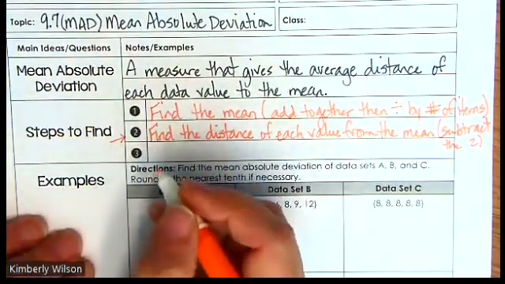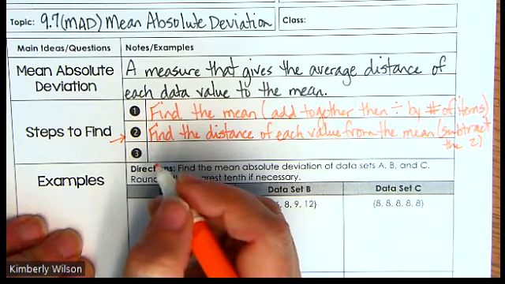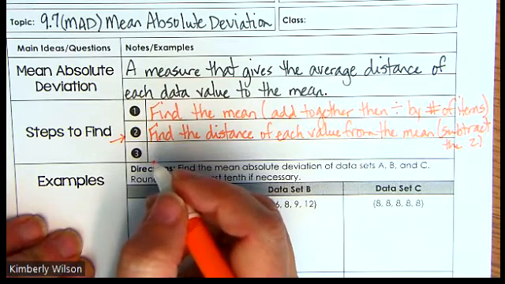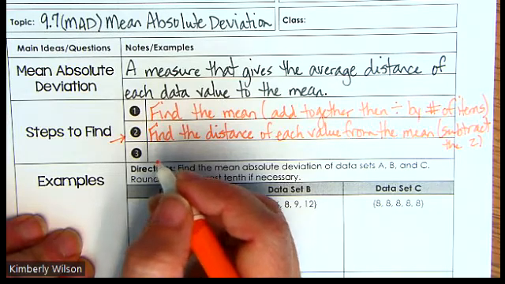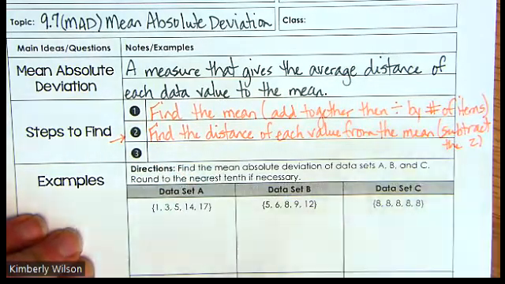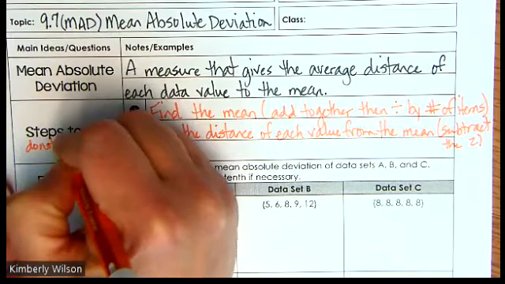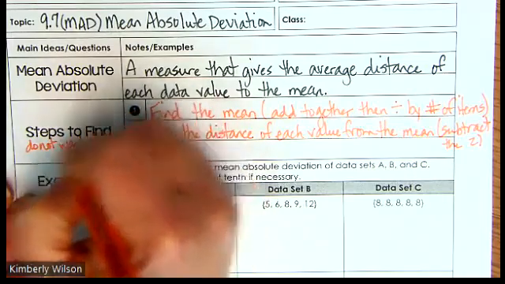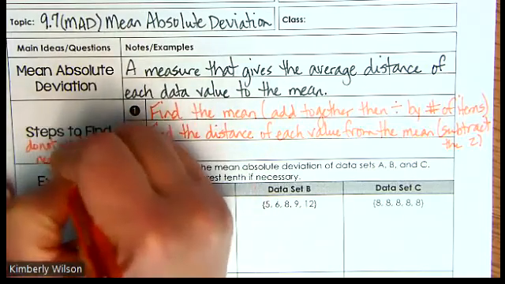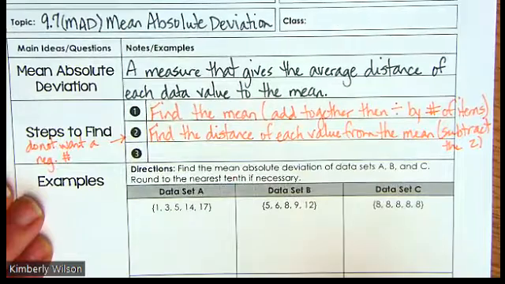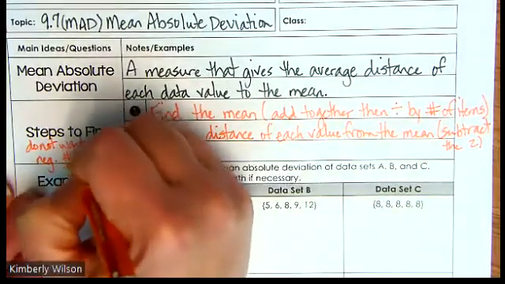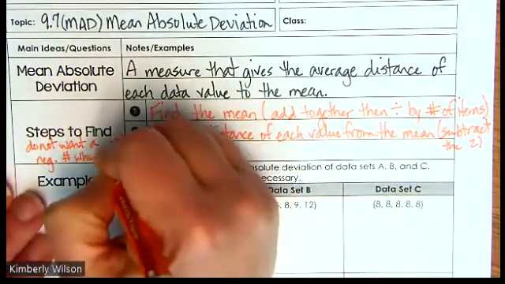I'm going to do the mean minus the data value, or it's just subtract the two, because you subtract so you don't have a negative number. Do not want a negative number when you subtract.